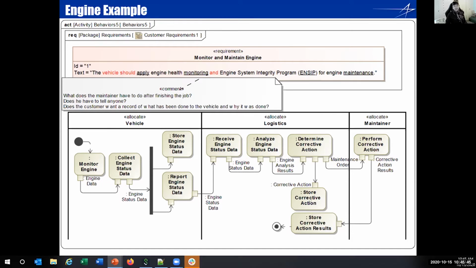And then the results of the corrective action are stored, and the results of the actual fix or what's left over to be fixed are stored, right? For your personal car, you might keep a little logbook in your glove box where you say on a certain date that something was done to your car.